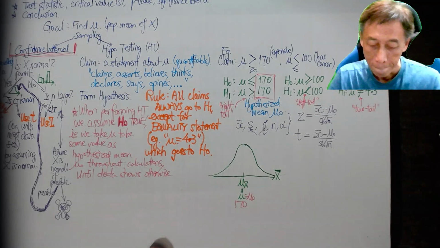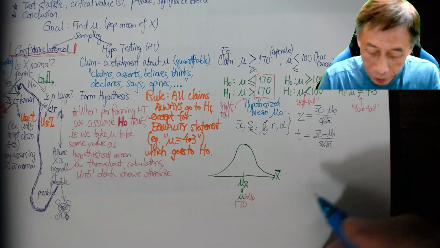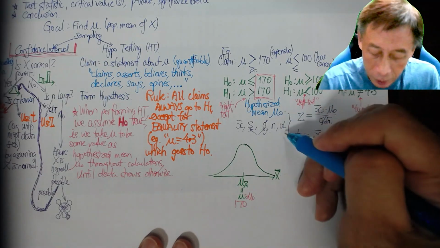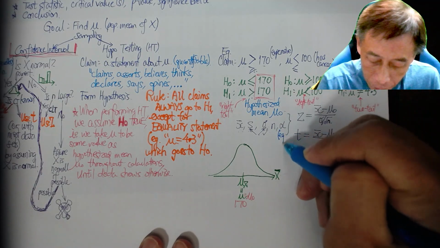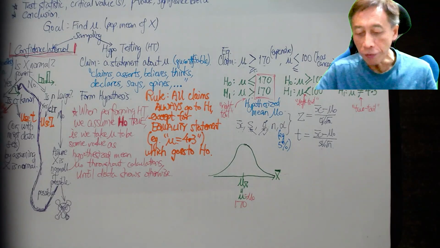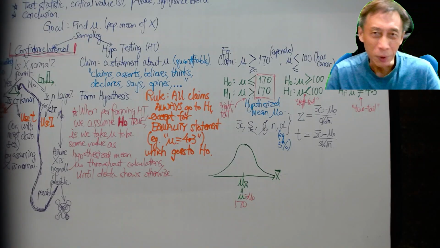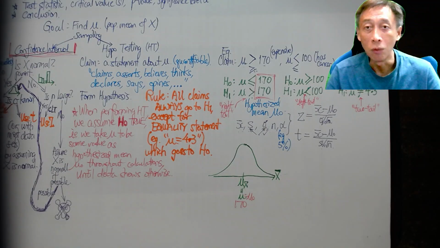Okay, so at this point, let's talk about alpha. We have drawn this, and alpha, for example, 5%. Alpha typically will be 10%, 5%, maybe 2.5%, 2%, 1%, 0.5% is also possible.